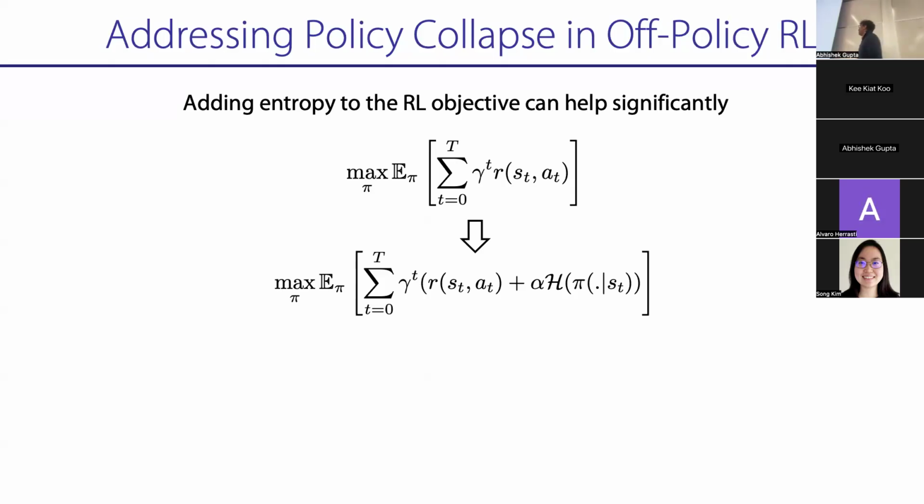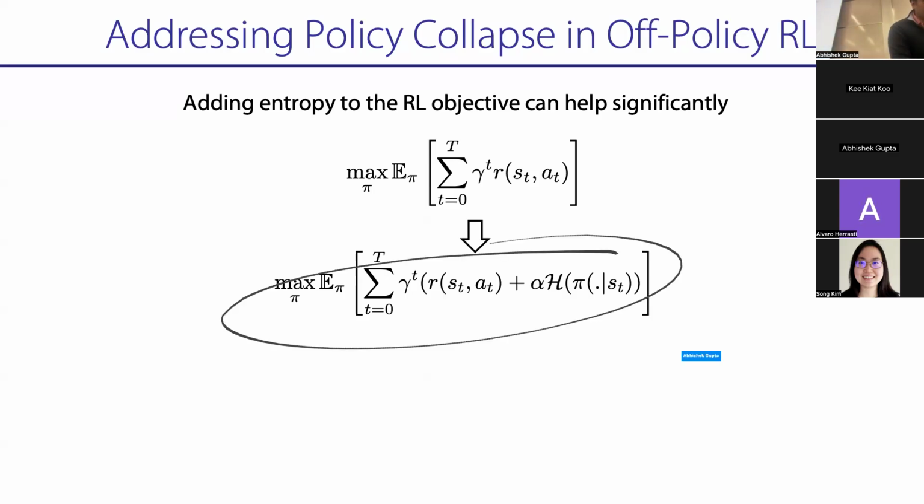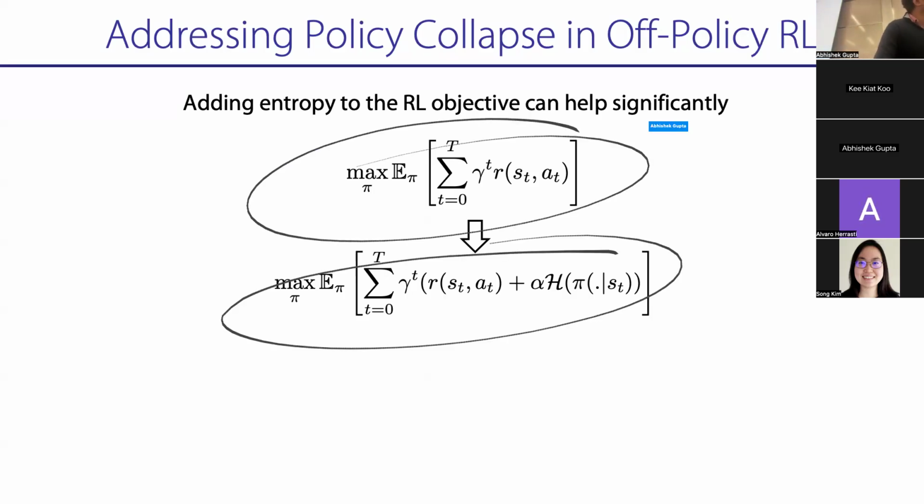You maximize the sum of rewards plus entropy, so you're encouraging the policy to be explicitly exploratory, and the optimal solution to this and the optimal solution to the standard objective are not the same. There are a bunch of nice papers showing that the solution to the maximum entropy RL problem is solving a robust control problem, finding a solution that is minimax optimal. These two objectives give you different optima and have different optimization properties.